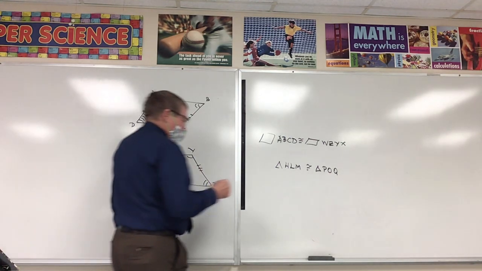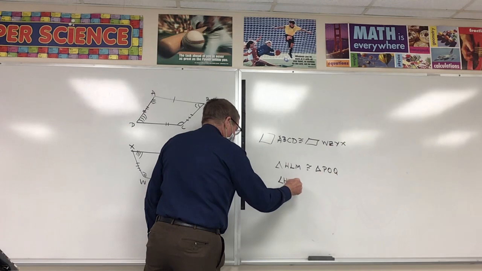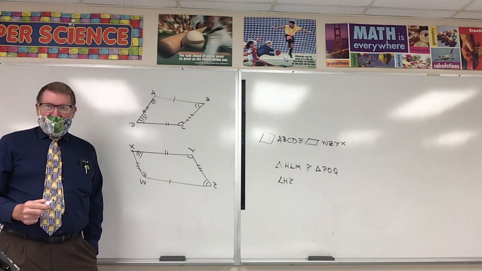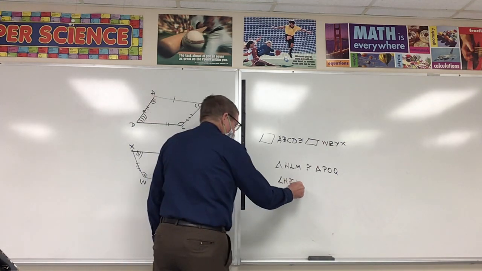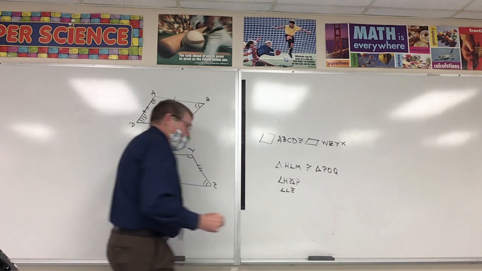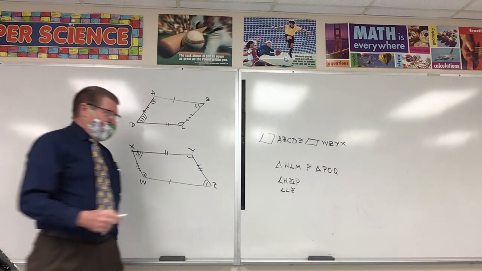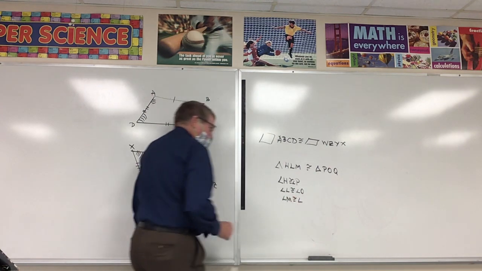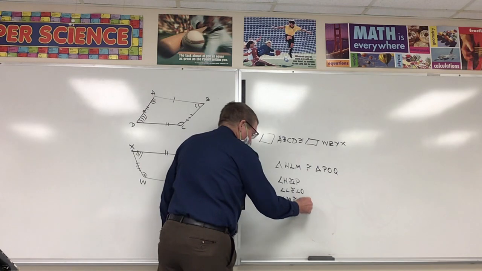I know that angle H is congruent to angle P. I know that angle L is congruent to angle O. I know that angle M is congruent to angle Q.